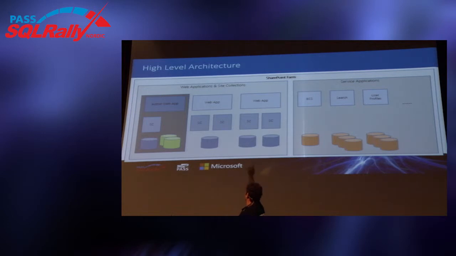And for every web application, you have one or more site collections, and you have one or more content databases. And then you have service applications, which give you more functionality in SharePoint. And these service applications, there are quite a few of them, and they have one or several databases attached. You can, if you feel like, also build your own service application, but there is enough to take from already there.